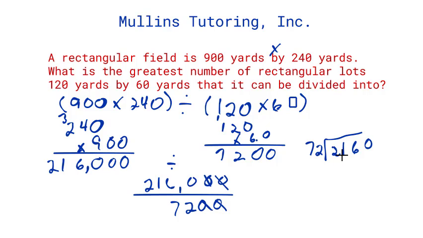So that just gives me a starting point, so I'm not just spending time guessing. So I'll take that 72 and multiply that by 3. That gives me 6, and 3 times 7 is 21. So 3 times 72 is 216.